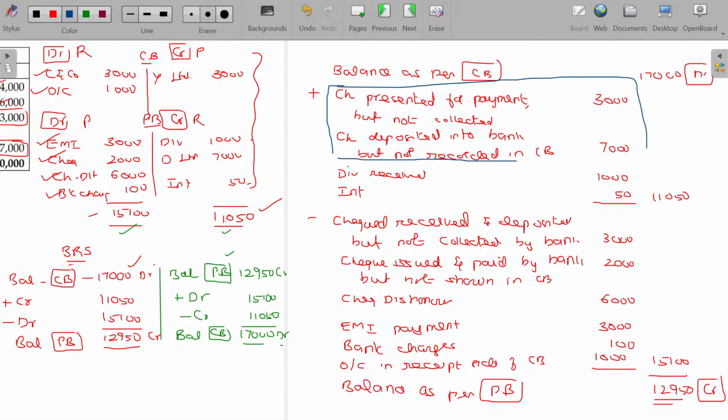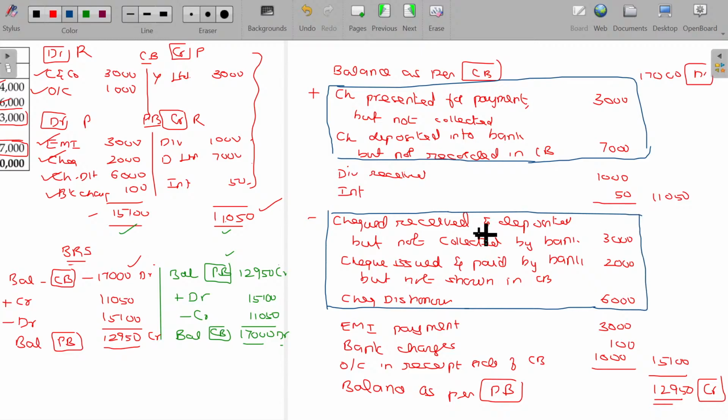Clear? What about these things? All these things are related to the check. The reasons for the disagreement can be classified into 4 broader classifications. One of them being check related.